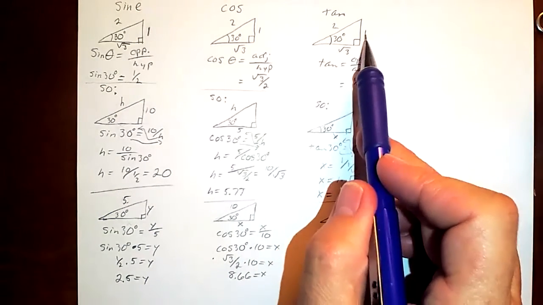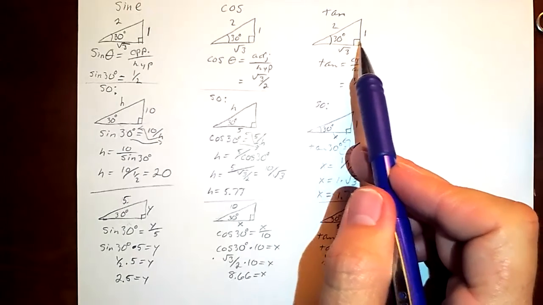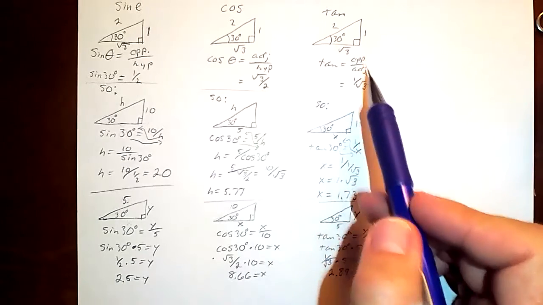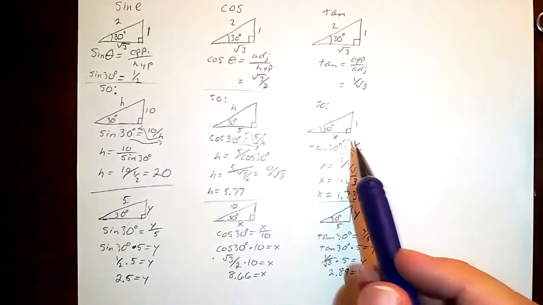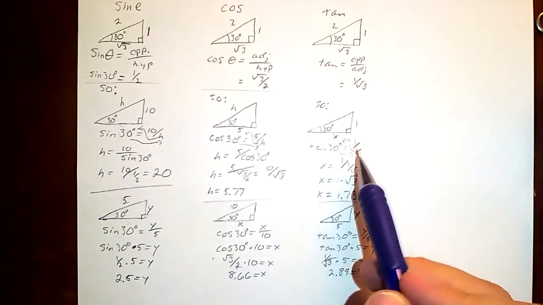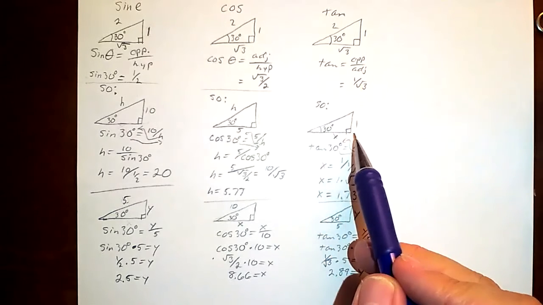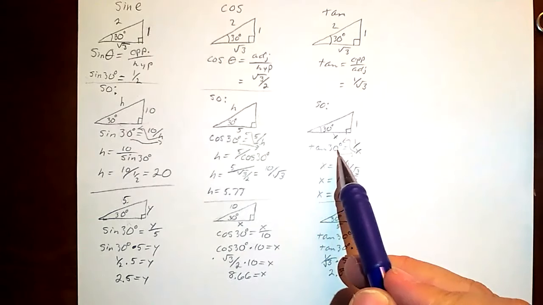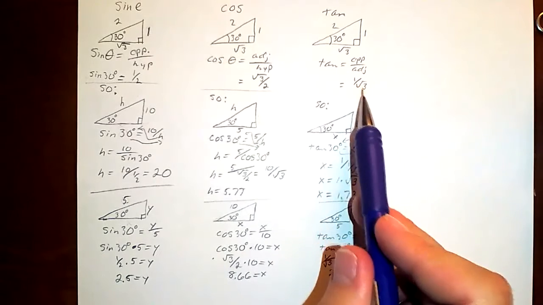Tangent is opposite over adjacent. So for 30 degrees, it'd be 1 over square root of 3. If I needed to solve for adjacent, I would say, well, 1 over x is equal to tangent of 30, and tangent of 30 is 1 over square root of 3, right?